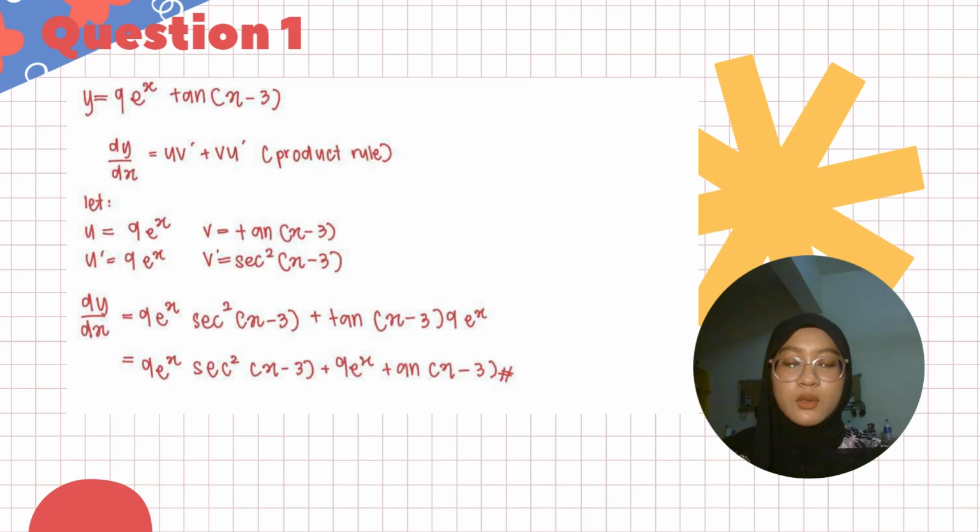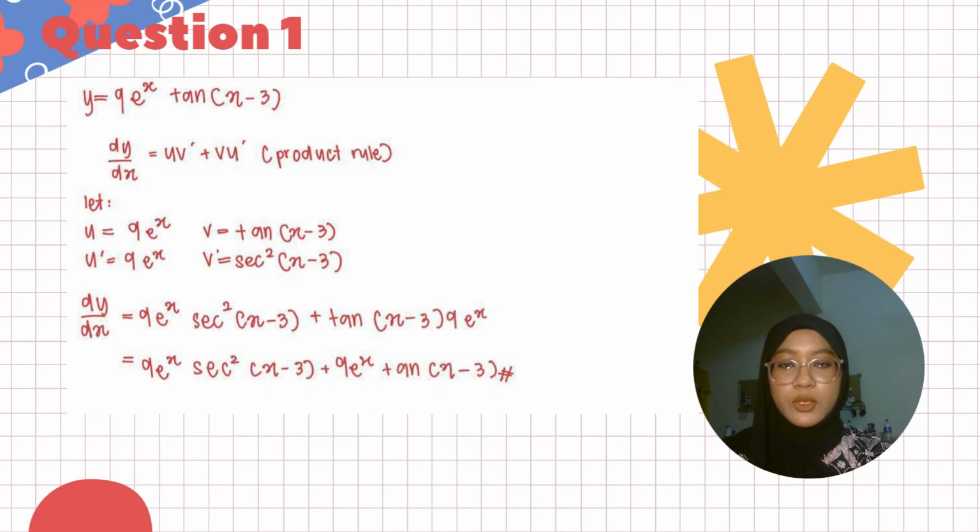Meanwhile, v equals tan(x - 3), and v prime equals sec squared (x - 3). So the answer will be dy/dx equals 9e to the power of x sec squared (x - 3) plus tan(x - 3) times 9e to the power of x.